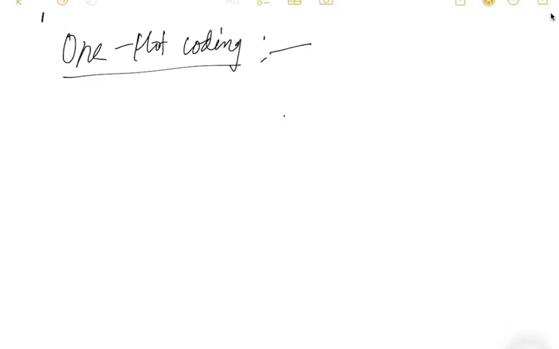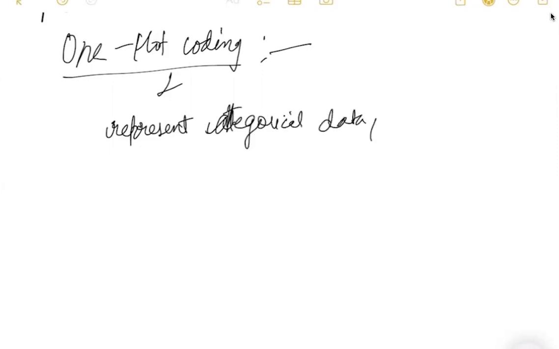So it represents categorical data. Okay, categorical data to what? To binary vector.